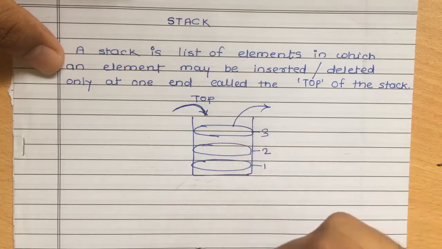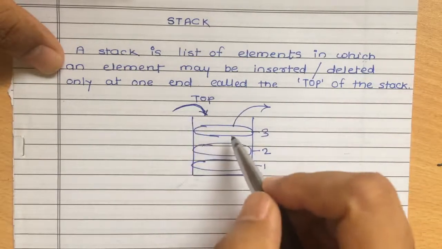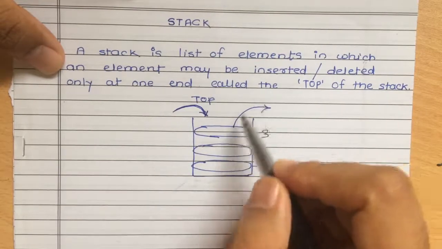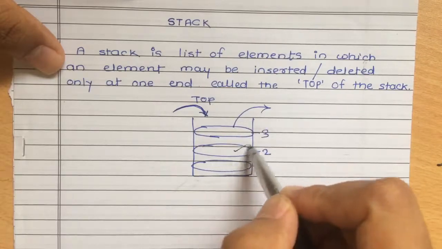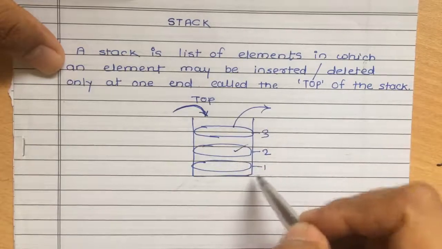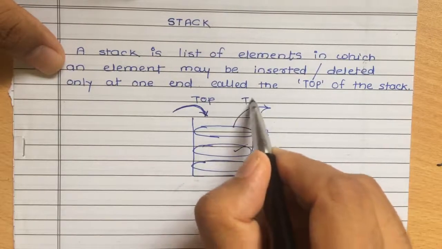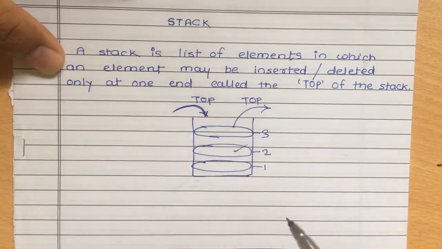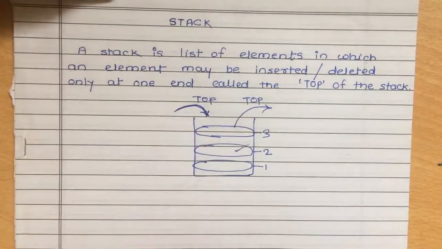Insertion is carried out from one end, and from the same end I am removing the dish. I will remove the third dish first, then the second, then the first dish. So deletion is also carried out from the same end, which is called the top. So it is clear that insertion and deletion in a stack are carried out from one end, called the top of the stack.